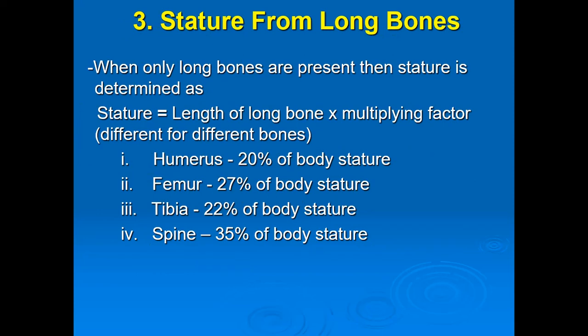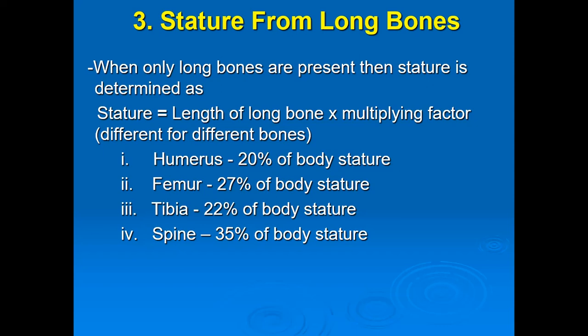The third method is to determine stature from long bones. If you only get long bones and police has brought you long bones and you are asked to determine stature, then what will you do? You will apply this formula: length of long bone multiplied by a multiplying factor which is different for different bones.